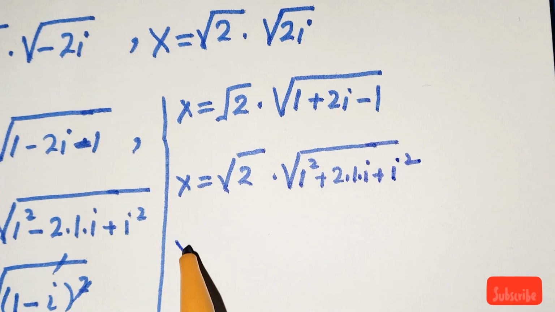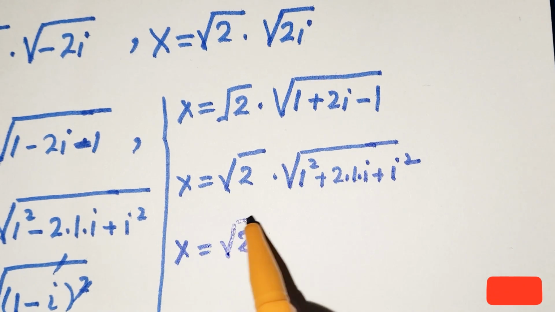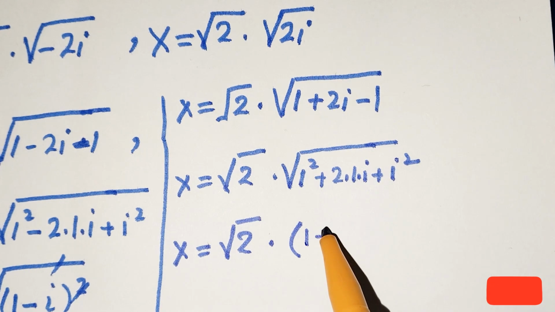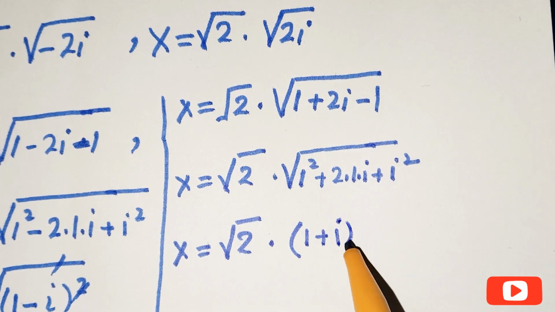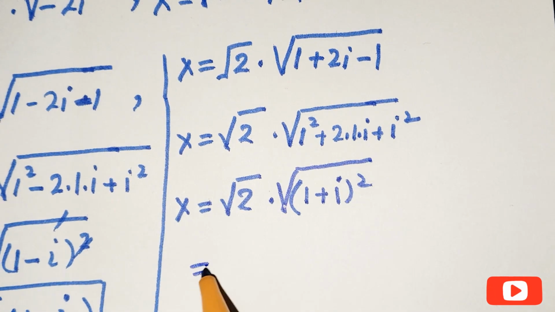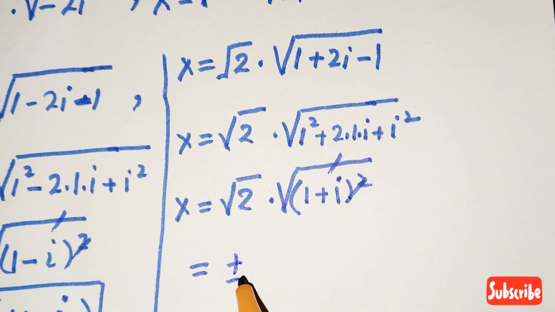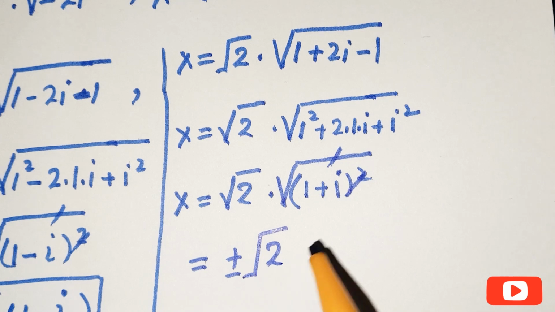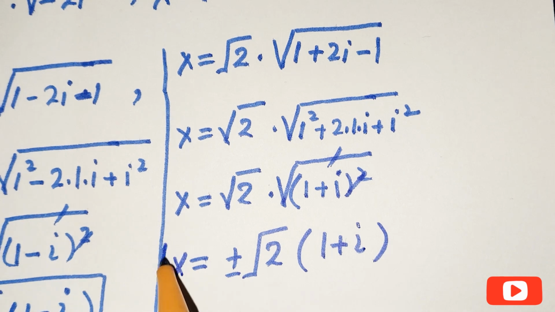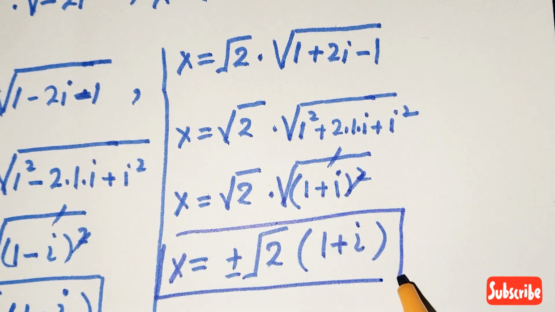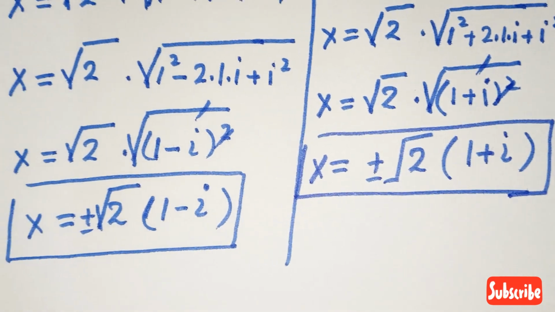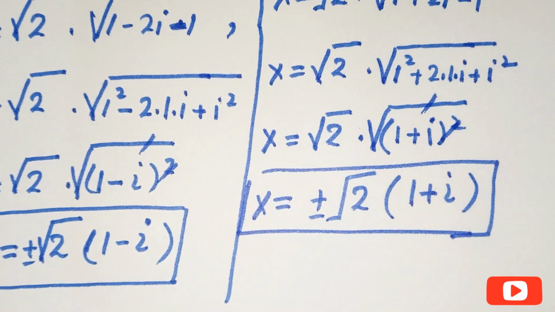So we can write it as the square root of 2 times (1 plus i) whole square. Now if we cancel this, we get plus minus the square root of 2 times (1 plus i). So it is our other value of x, and we see that both these values are the same as our first method.